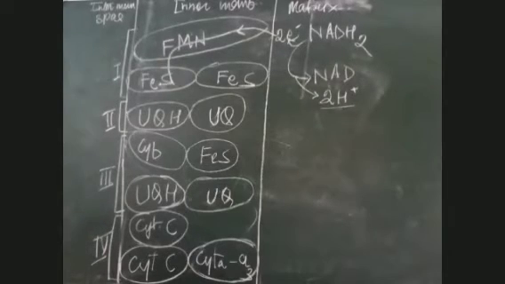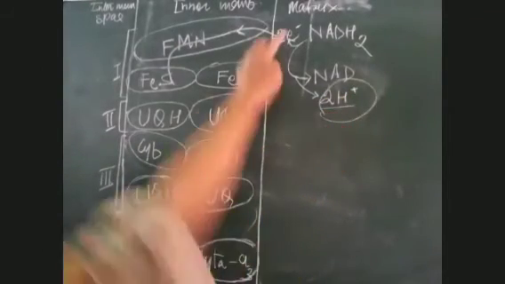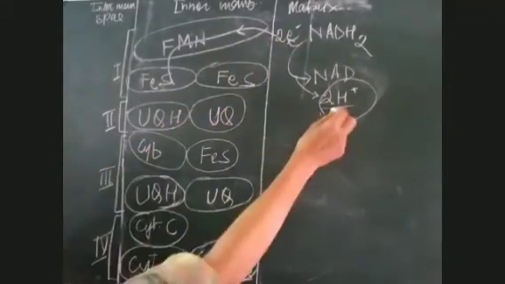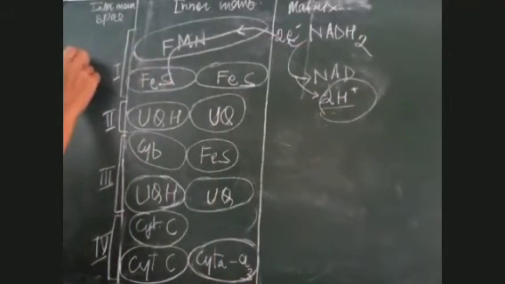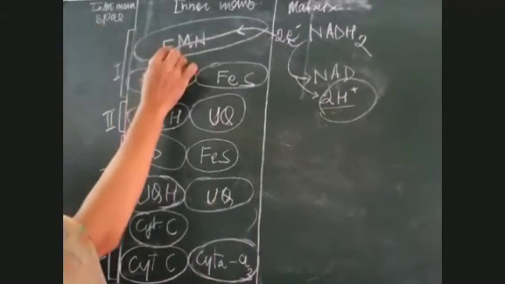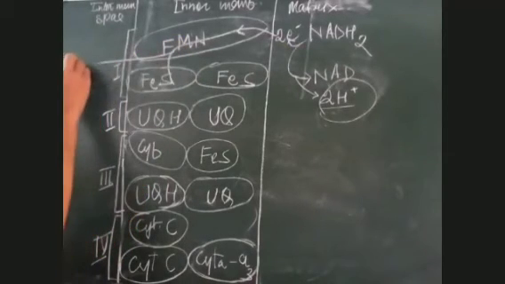And that energy released by this electron helps in pushing one hydrogen which is released as a result of breakdown of NADH2. This one proton is pushed up into the intermembrane space. So as it happens, from here, one proton is pushed into the intermembrane space.